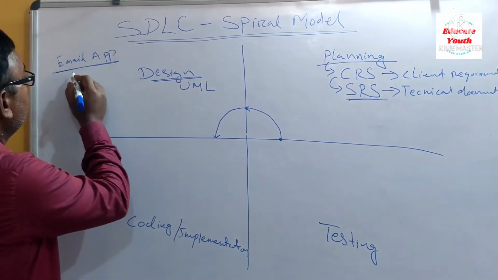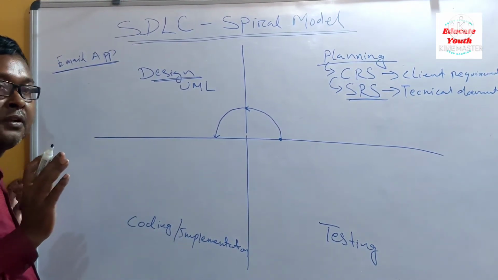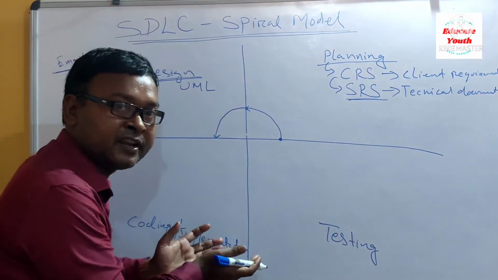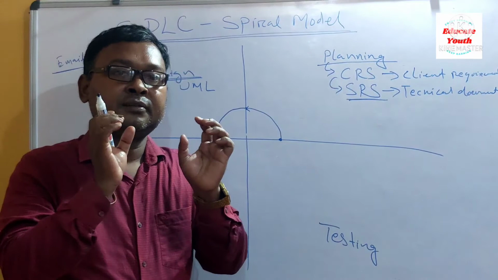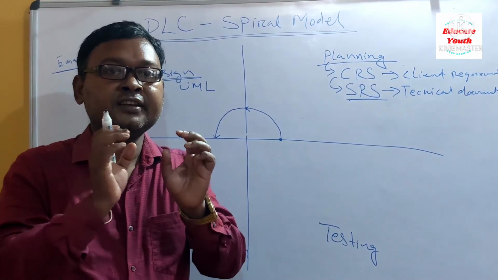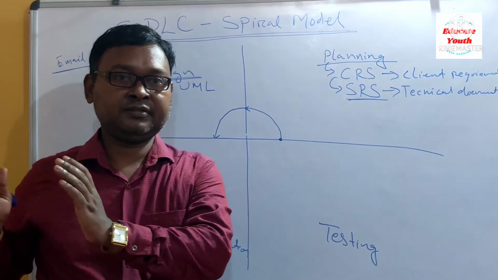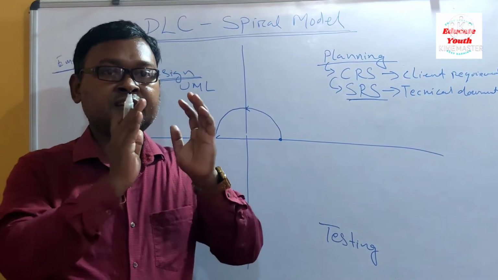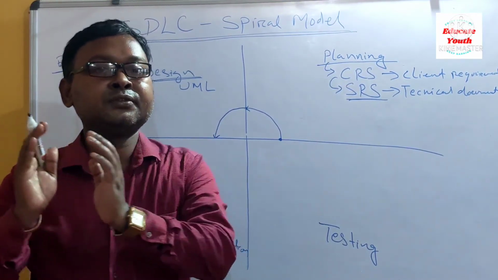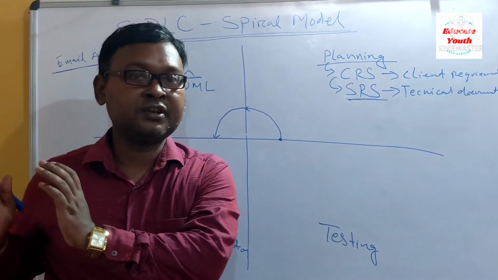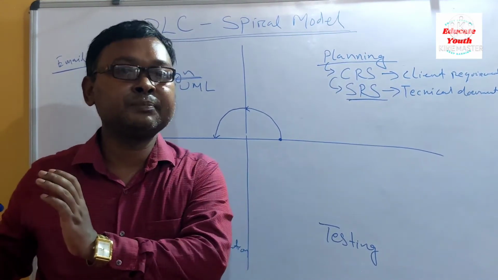Right now, what the spiral model says is to divide the particular project into different modules. Are you understanding? Define the particular project into different modules. So how many modules can be possible?